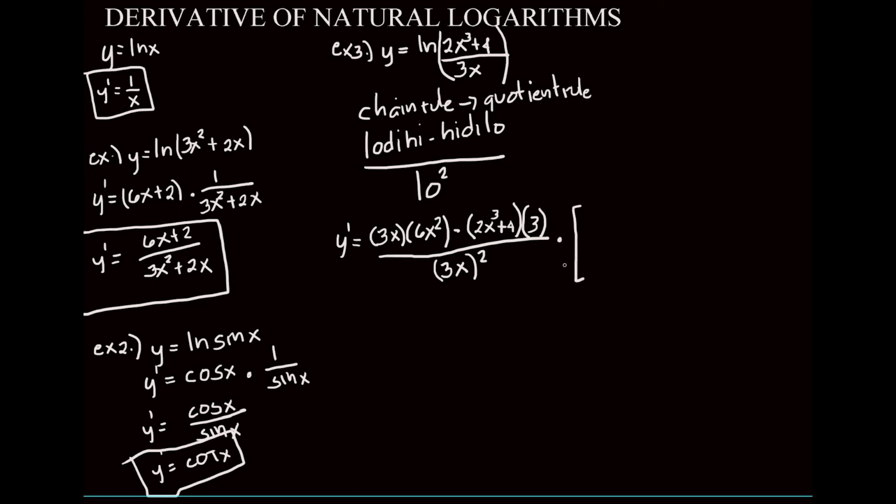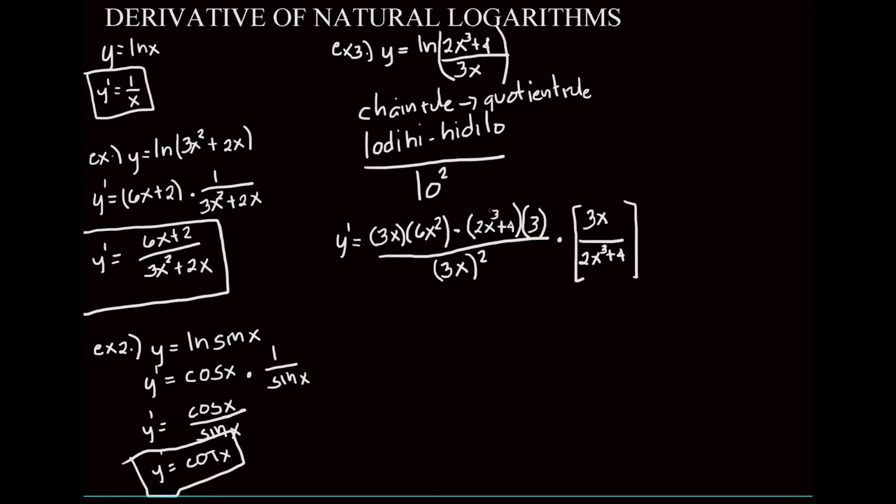So guys, again, this is our inner derivative, and we still need to multiply that by the 1 over x, or the reciprocal of our 2x cubed plus 4 over 3x. So that will just give us 3x over 2x cubed plus 4.